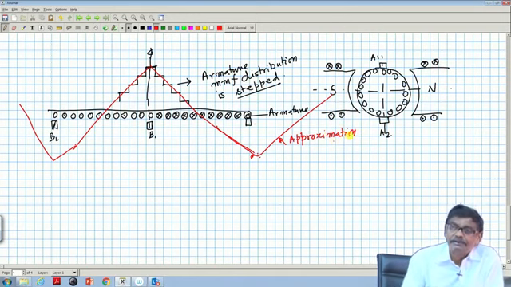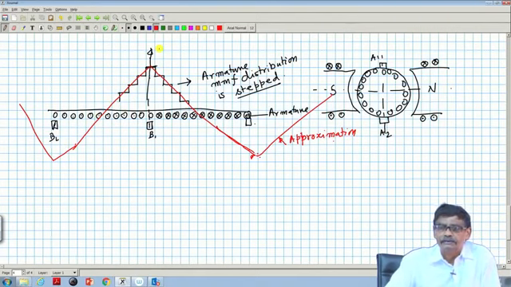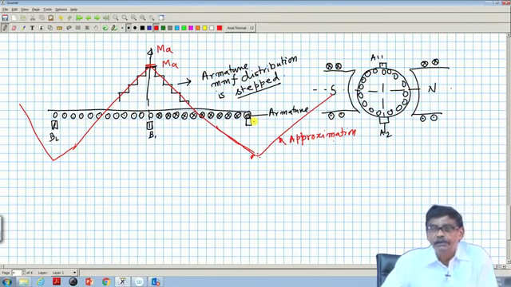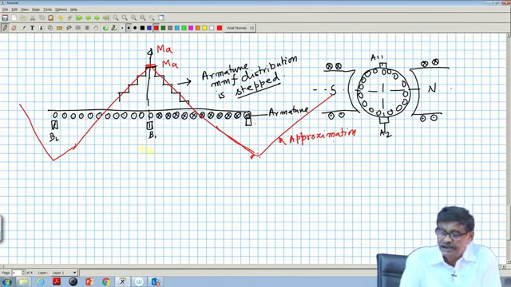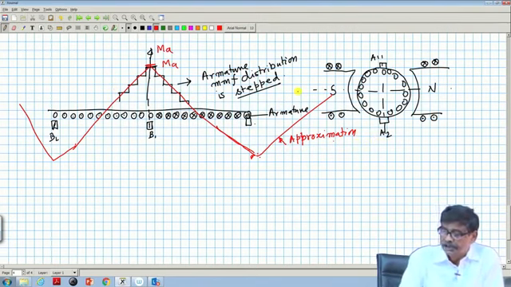So, in a DC machine we say that with a large number of conductors you forget about this small variation and assume it to be triangular in nature. This is the peak value of the armature MMF, MA. So, the MA distribution along the air gap of the machine can be approximated to a triangular sort of waveform. We will continue with that, and mind you, this is your space angle theta.